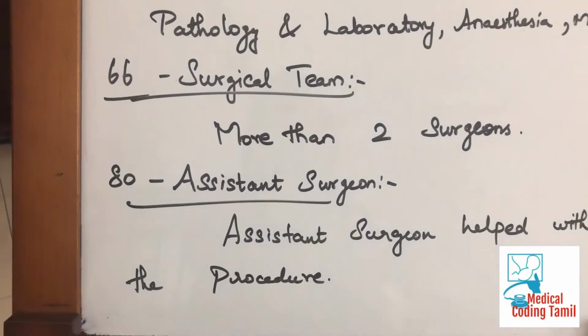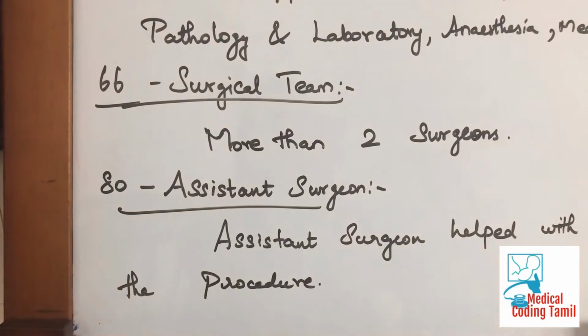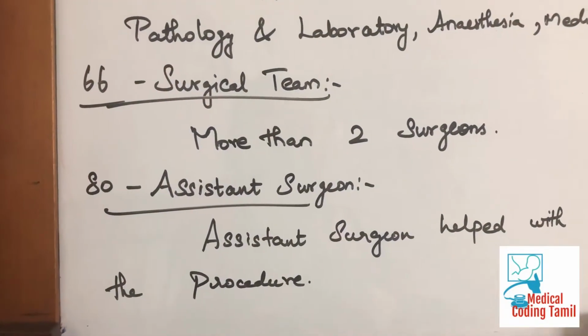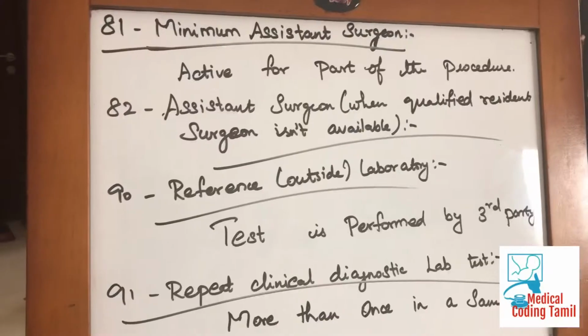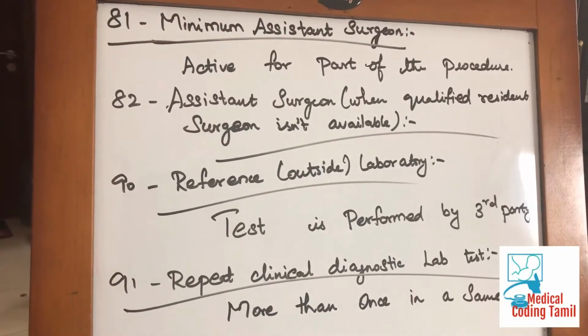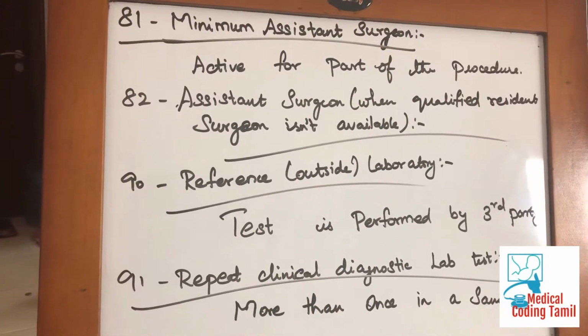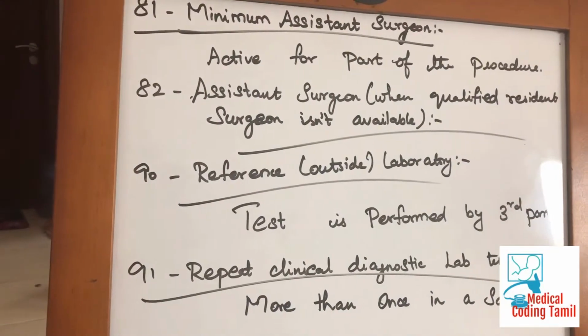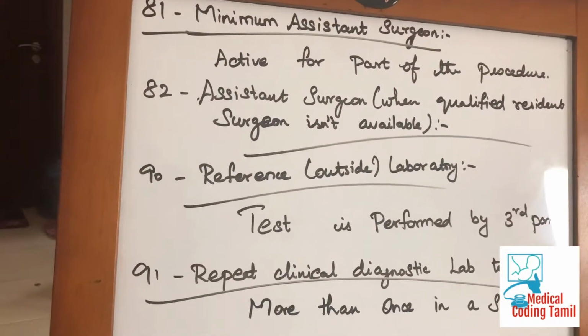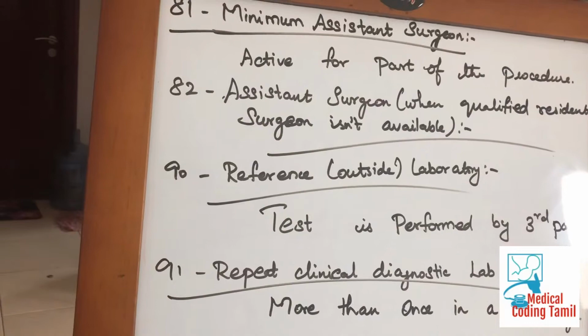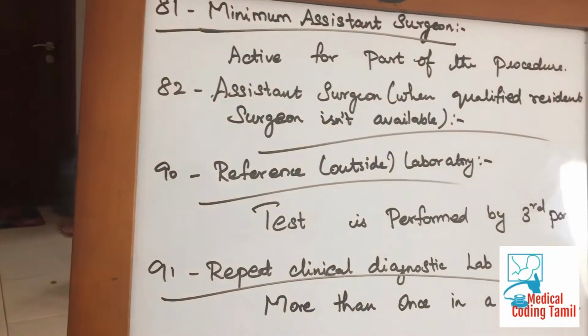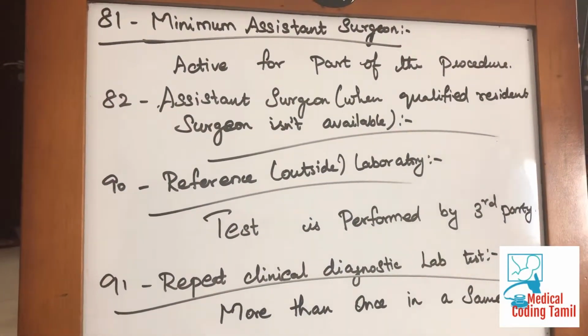And modifier 80 is for assistant surgeon. If a surgeon is helping the main surgeon in the surgery, then we have to use modifier 80 with the code. Modifier 81 is for minimum assistant surgeon. For surgery there will be 2 surgeons, the surgeon and the assistant surgeon, but the minimum assistant surgeon will be active only for part of the procedure.